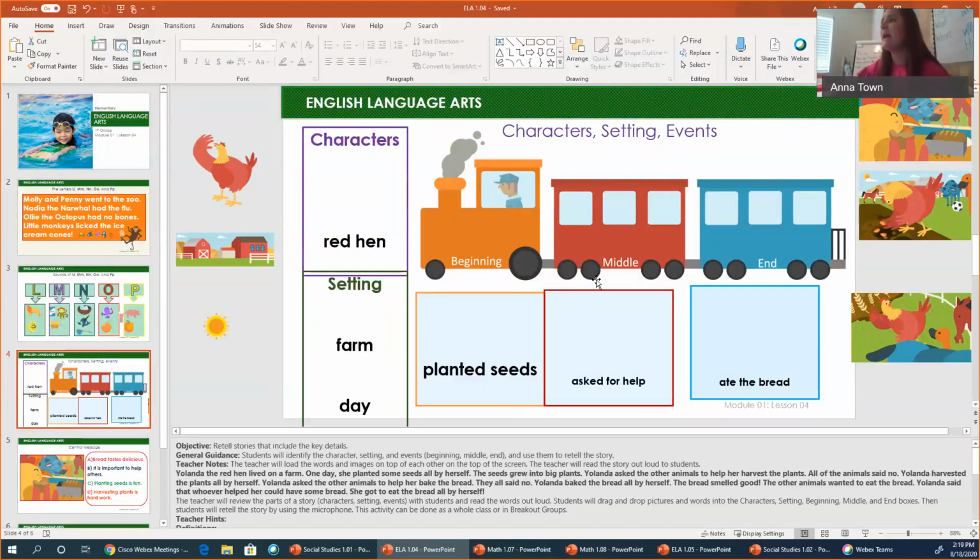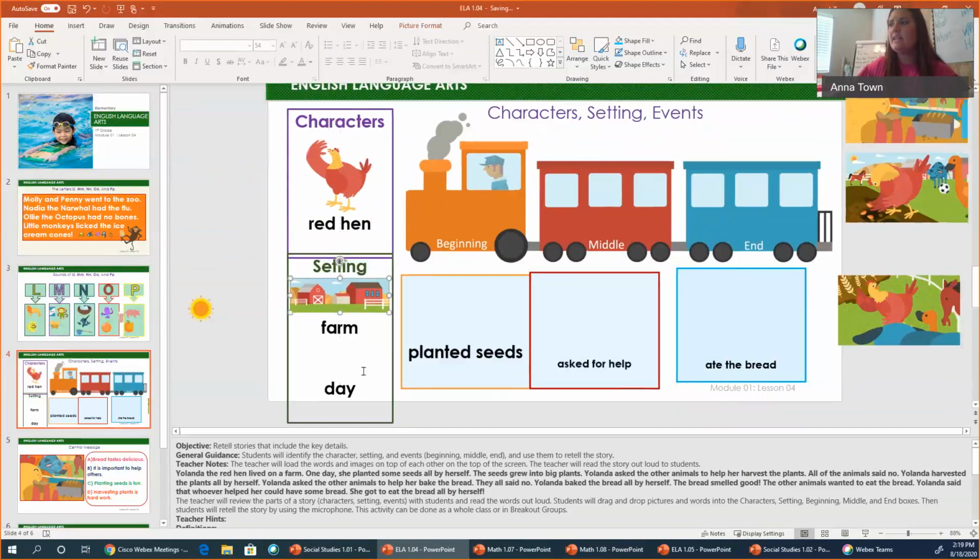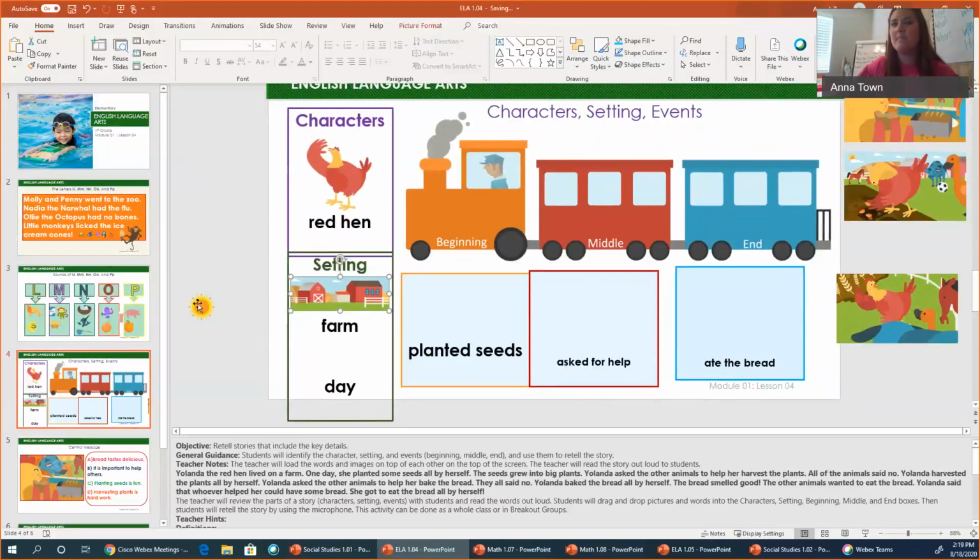Today we have the red hen story. So our character is the red hen. The setting, remember, that answers where, which is location, takes place on a farm, and the when, which is the time of day, is the daytime.